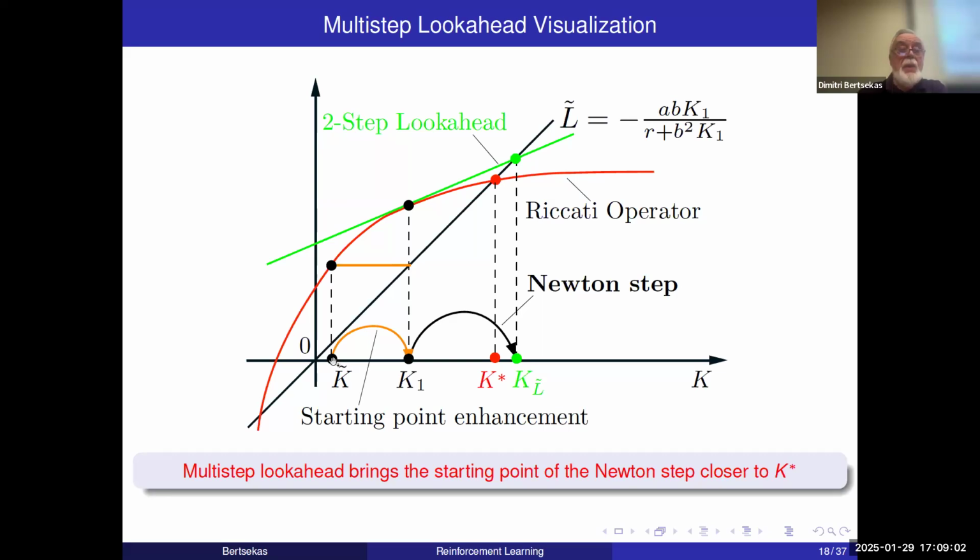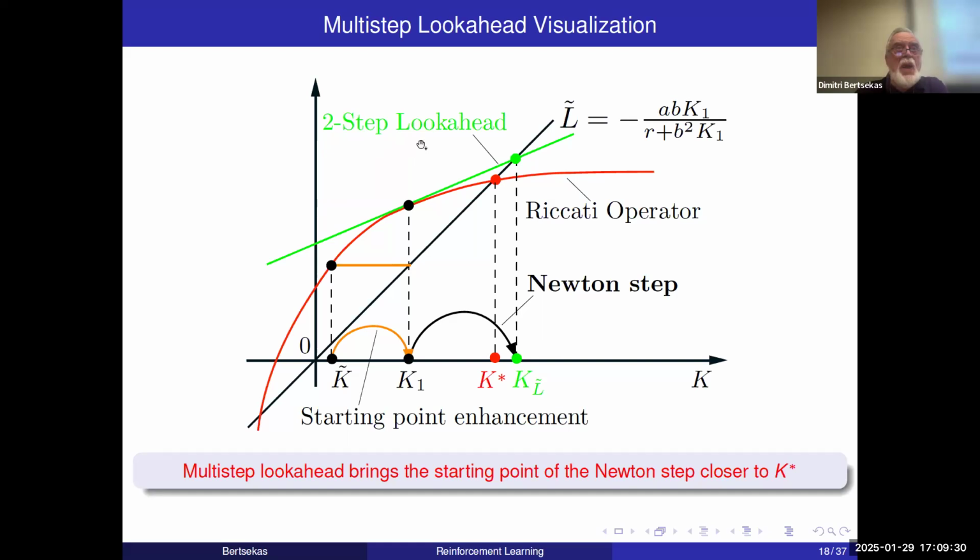What we do is we apply a value iteration step to K tilde, which brings us here to K1, and then we apply the Newton step to obtain this K tilde. So this is the value iteration corresponding to the second step of look ahead, and this is the Newton step corresponding to the first step of look ahead. So this is for two-step look ahead.